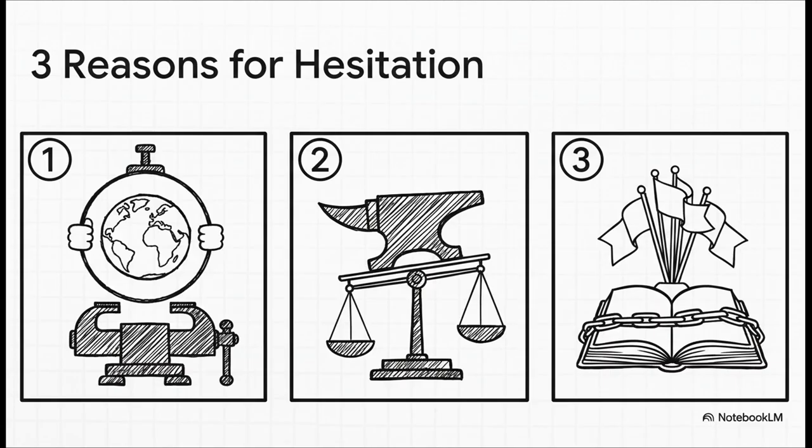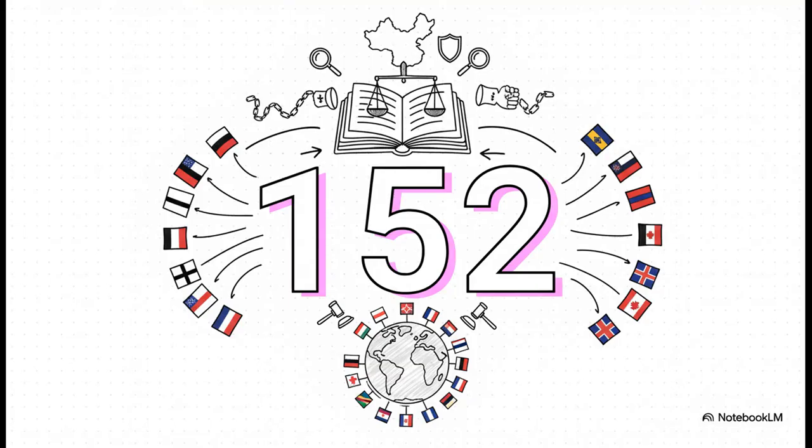But the third reason, and maybe the most powerful one, is legal obligation. Remember those 152 countries that signed the UN Convention? They didn't just agree to a definition. They made a legally binding promise to prevent and punish the crime. That means if a country officially declares that a genocide is happening, they are then legally required to act, and that is a massive, massive step to take.